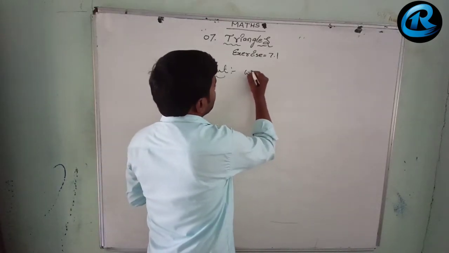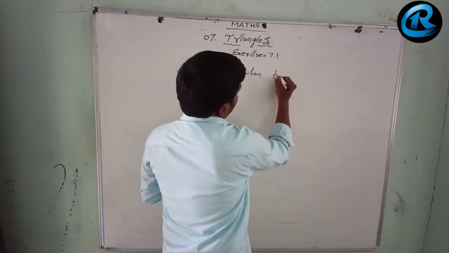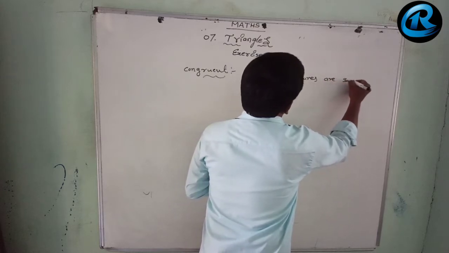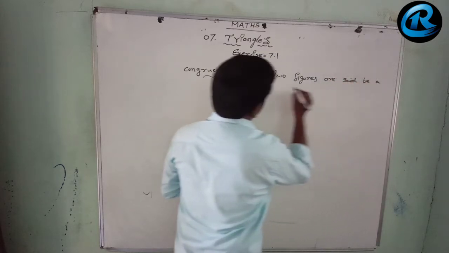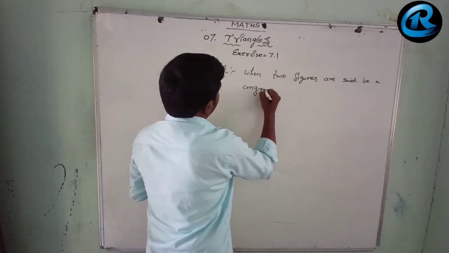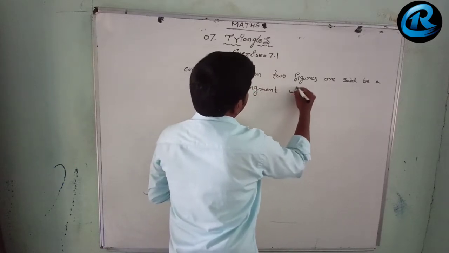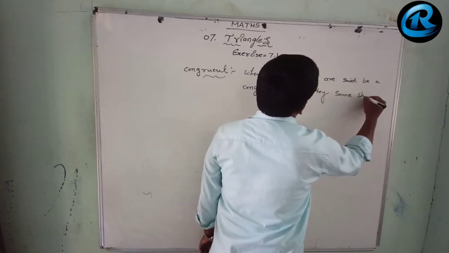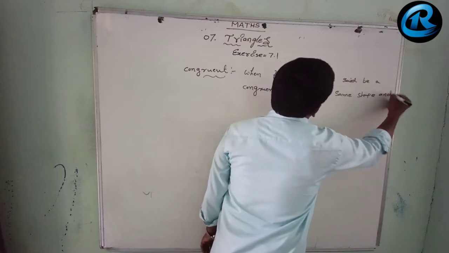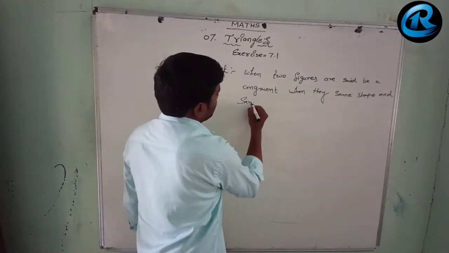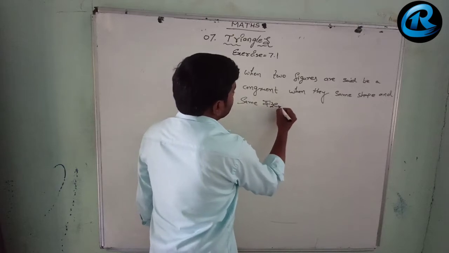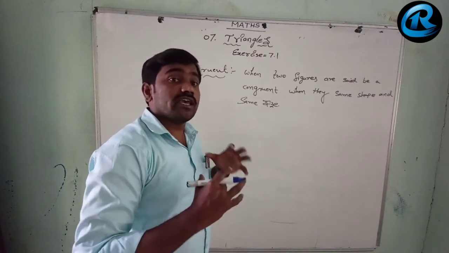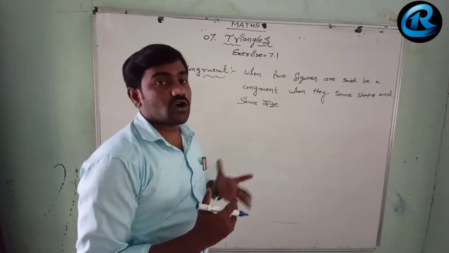Two figures are said to be congruent when they have the same shape and same size. Same size, same shape unte aa rendu figures ni congruent figures antam.